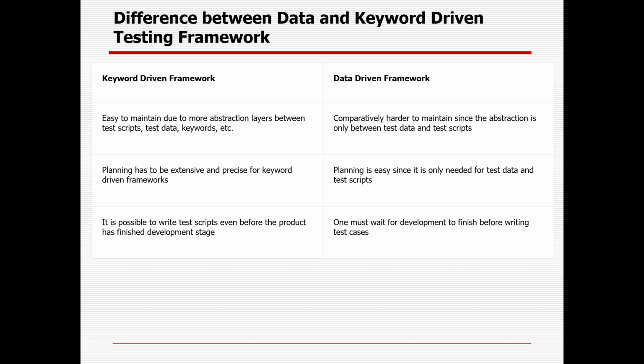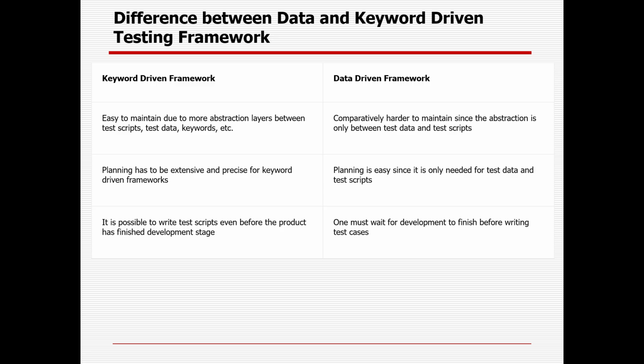Then what is the difference between the data driven and the keyword driven framework? In the data driven framework, we are only differentiating the test data and the script, but the keyword driven framework will have more layers. Maintenance will be very easy.